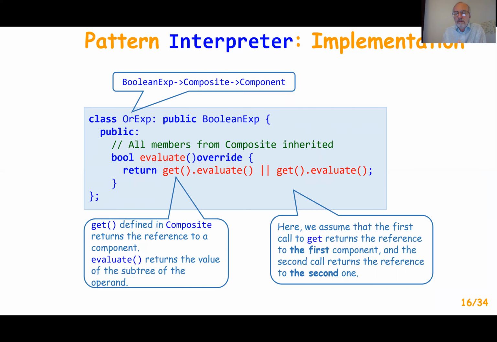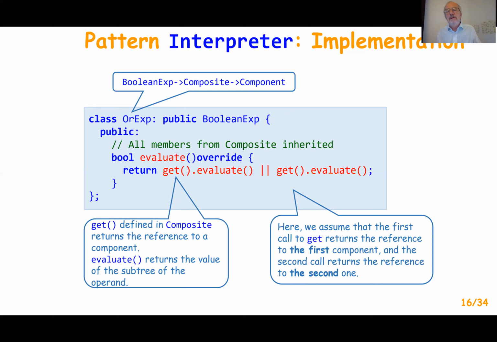Well, again, I refer to the implementation of composite class. There is the get function defined there. It returns the reference to a component. And the assumption, as I have already told you, my assumption is that the first get gives you the reference to the first child, and the second call to get gives you the reference to the second one.